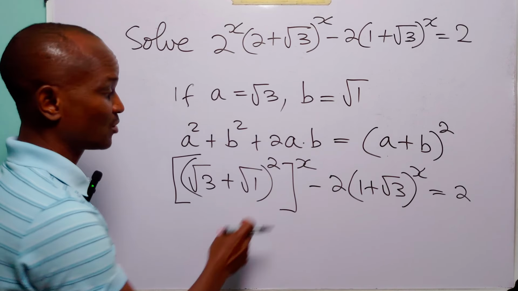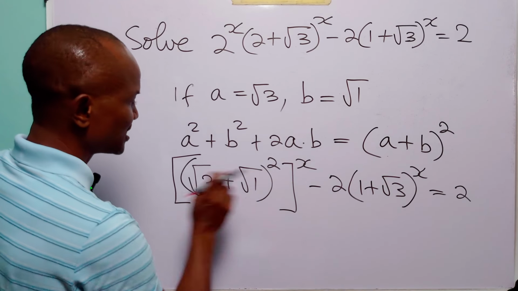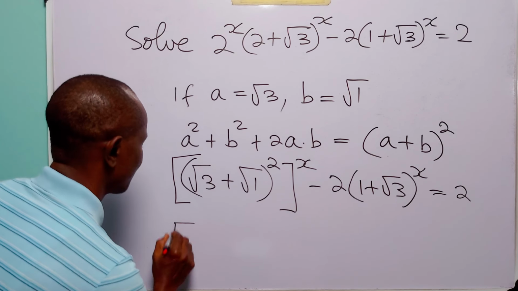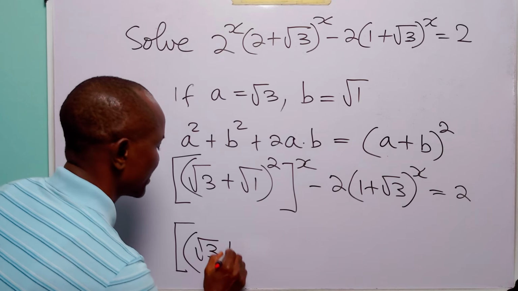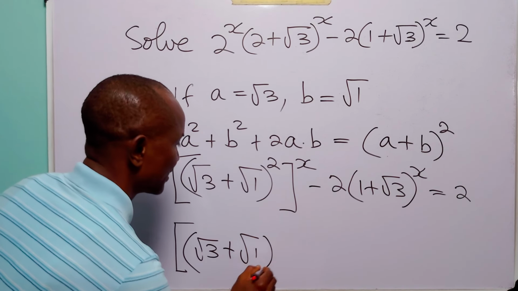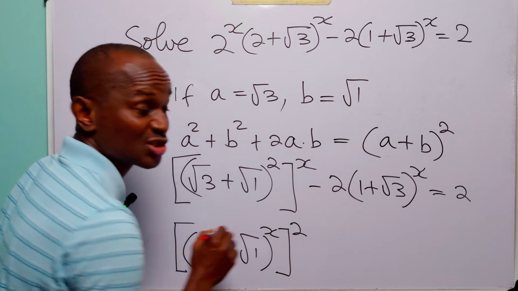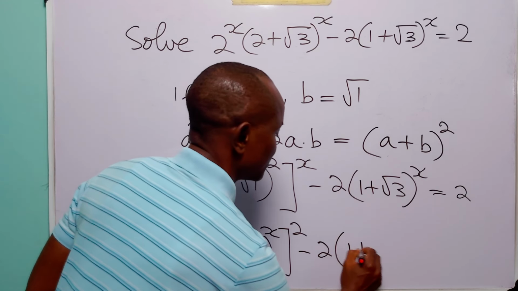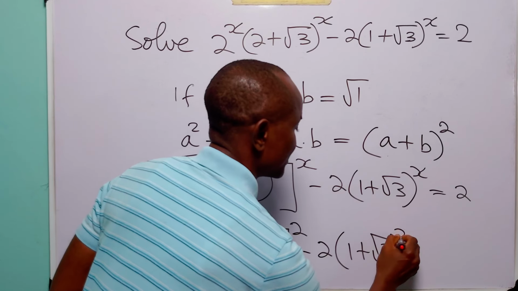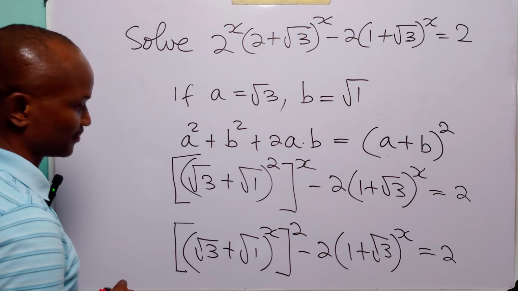And of course, you know that when we have two powers like this, we can also switch their places. So this can also be written as root 3 plus root 1 to the power x, all squared. Then minus 2 times 1 plus root 3 to the power x, and this is equal to 2.